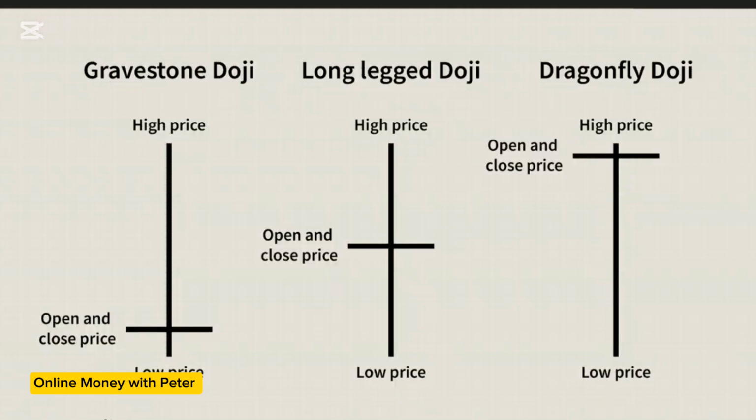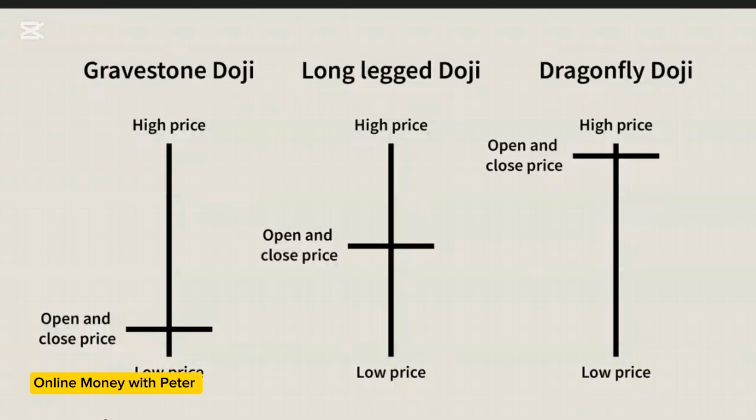Now, depending on where this candlestick is located, if it is located in a trending market and in an uptrend, when it retraces to a support, and then you see this candlestick pattern, what does that mean? It means an indecision. The buyers push the price up, which we're going to see on the chart.